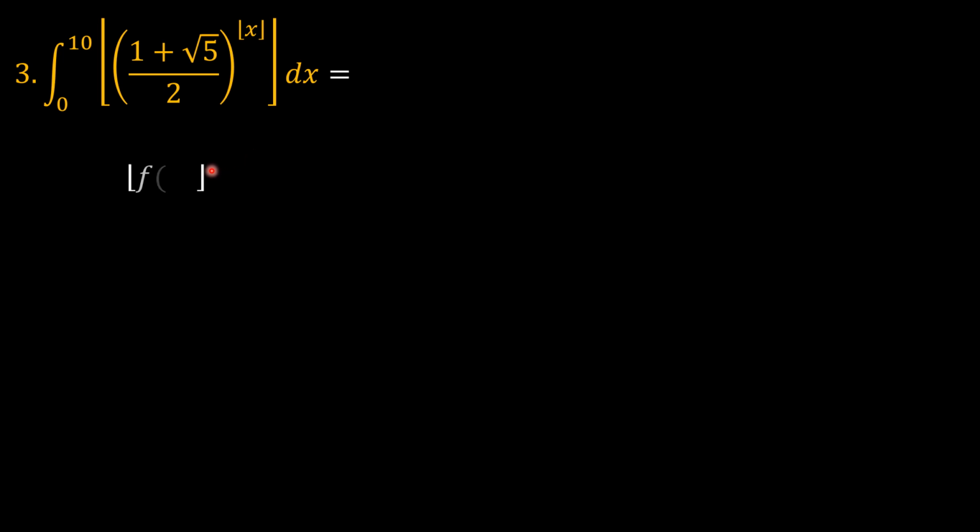So I think the first thing for us is to really understand what the floor function is all about. That is, if we have the floor of a function f(x), it equals k when the value of f(x) is greater than or equal to k and less than k plus 1.